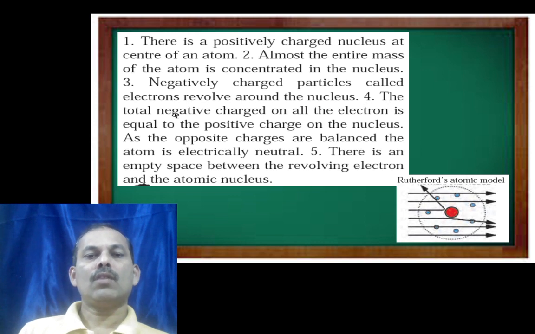Fourth, the total negative charge on all the electrons is equal to the positive charge on the nucleus. As the opposite charges are balanced, the atom is electrically neutral. And fifth, there is an empty space between the revolving electrons and the atomic nucleus.